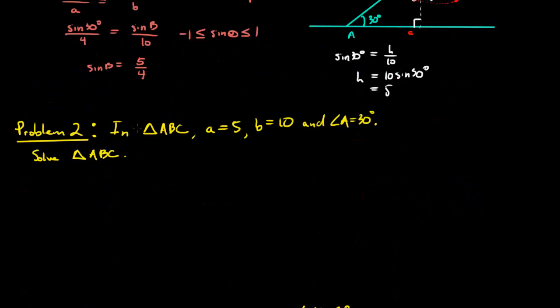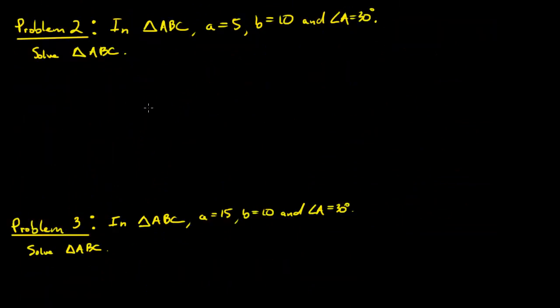In the next example, we're told in triangle ABC, side A is equal to 5, B is equal to 10, and angle A is equal to 30. Okay, so let's see what happens in this case when we draw out this triangle. So in this case, I've got this angle, which is 30 degrees.